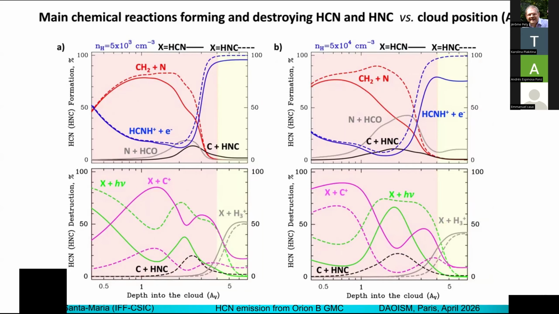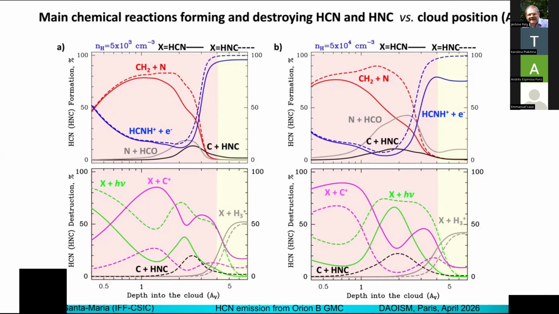What we see is that the photodissociation rates are different. There's a different rate to destroy them, and here is going to play a role in the ratio. Same for the reaction with C+, while the cosmic rays here would imply a ratio of around 1.